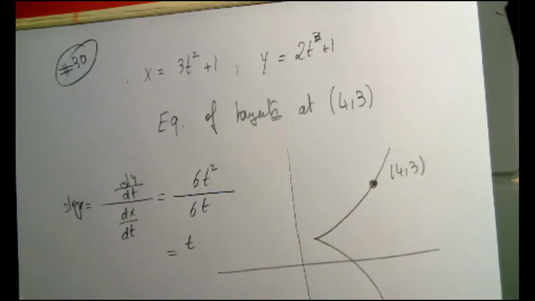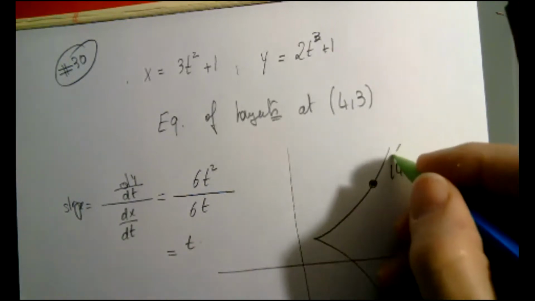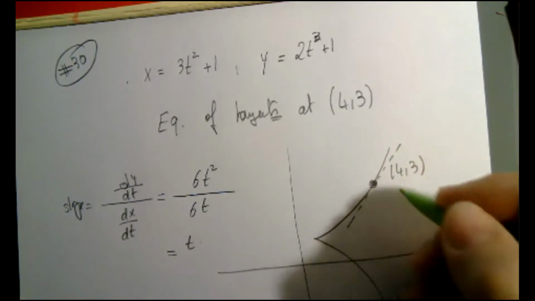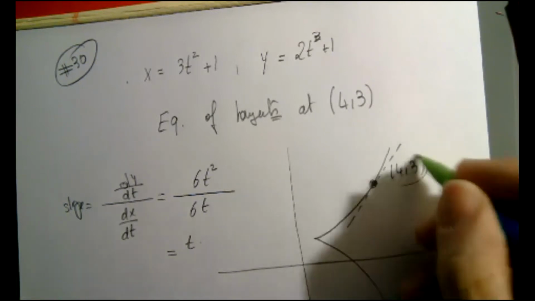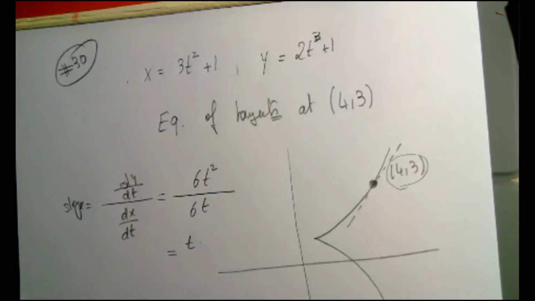Very good. I need the slope, which is a fixed number at the point (4, 3). So what do I need to find to be able to find the slope? The slope depends on t, but I want it at this particular point. Take the derivative.